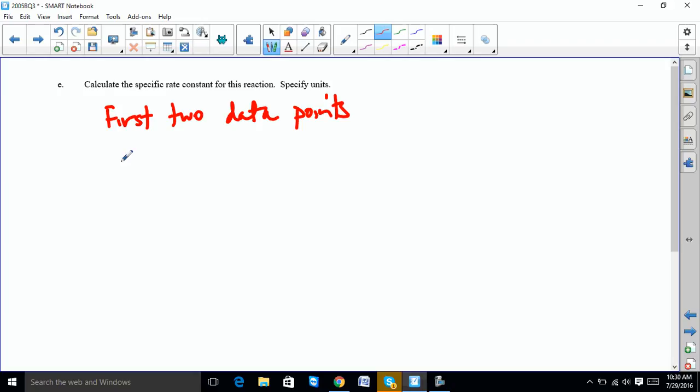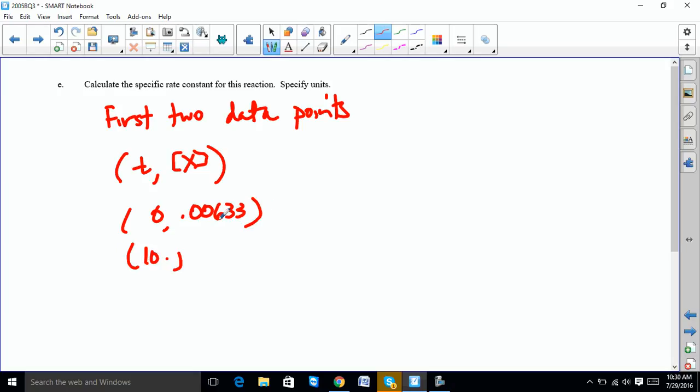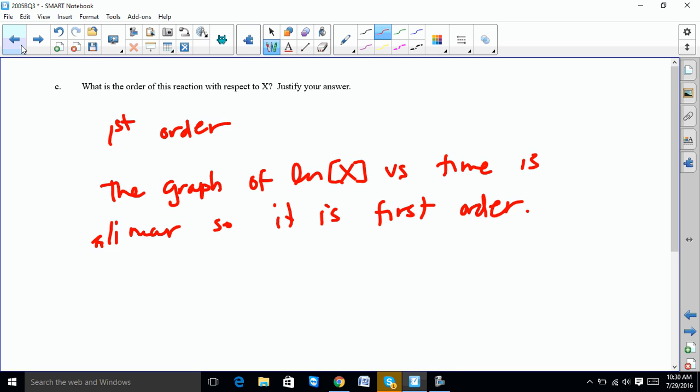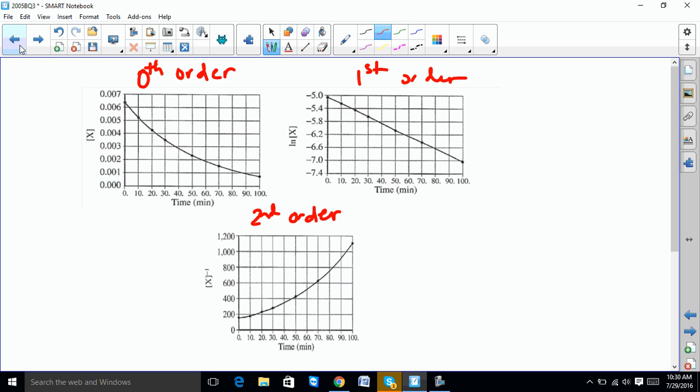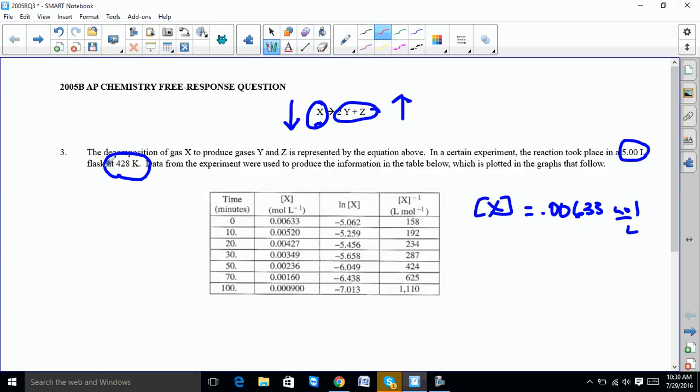The first 2 data points are, so time versus concentration of X. The first data point is 0.00633, and the second data point is 10, 0.00520. And I'm just going to go back and show you at the very beginning. You can just flip your thing over. This is where I got those numbers. These are the first two data points.